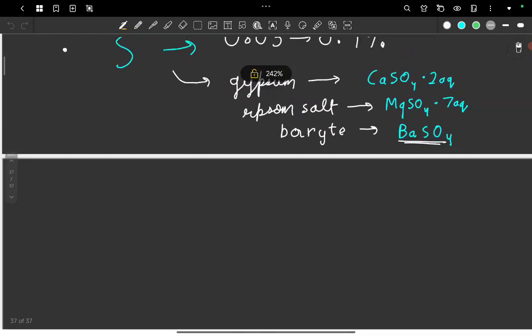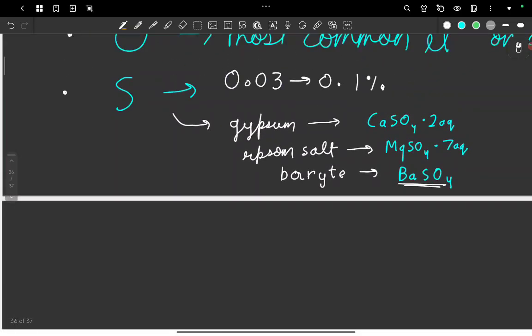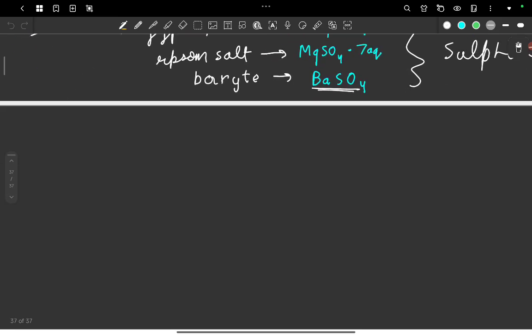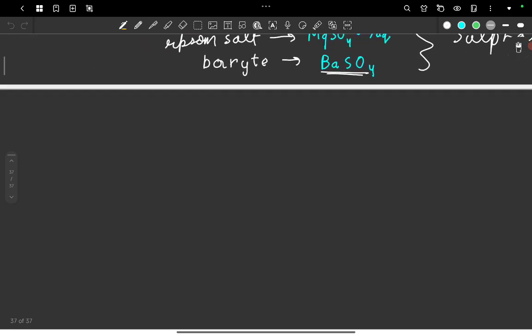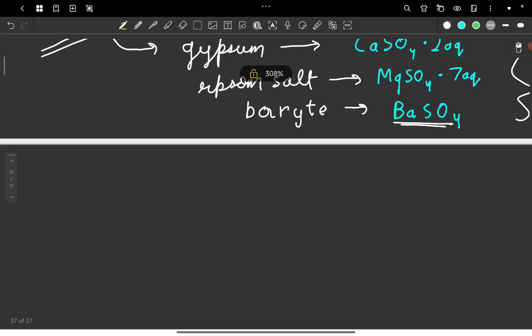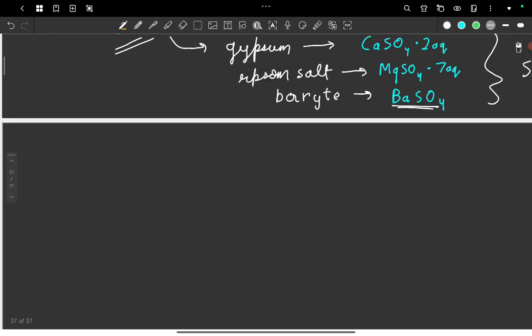And if we talk about sulfur once again, it not only exists as sulfates, like these are its sulfates. It can also exist as sulfides. Sulfide is the ion which is basically just the sulfur atom with a -2 charge on it. So this is a sulfide ion. In a very general thing, you can remember nitride, sulfide, oxide.